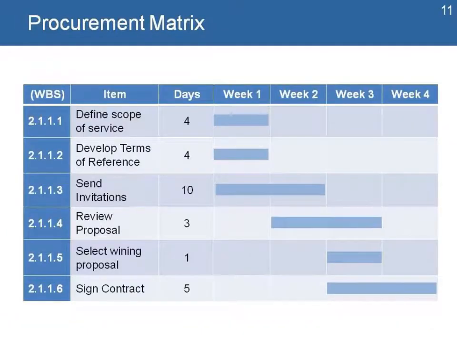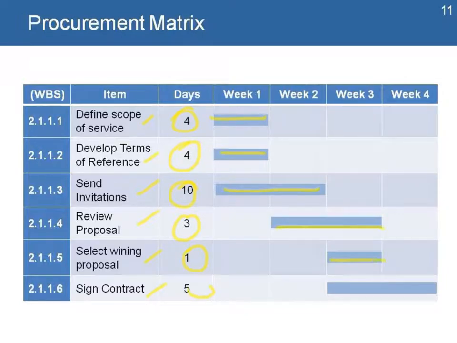Here's an example of procuring some services, and we can describe it like a small project. Think of it as a mini project where we can describe the different steps of procurement that we need to do to get a contract, an estimate on the dates, and when they are going to be happening in our calendar.